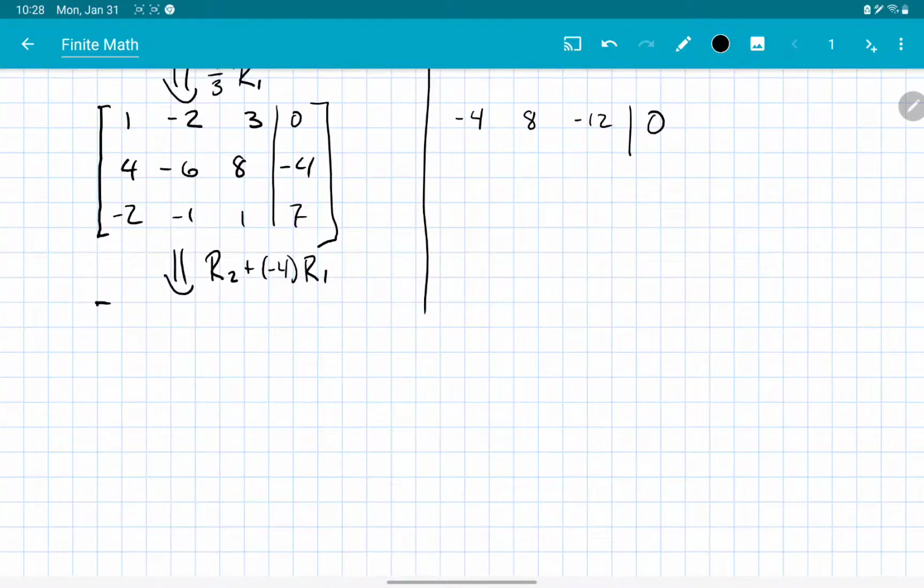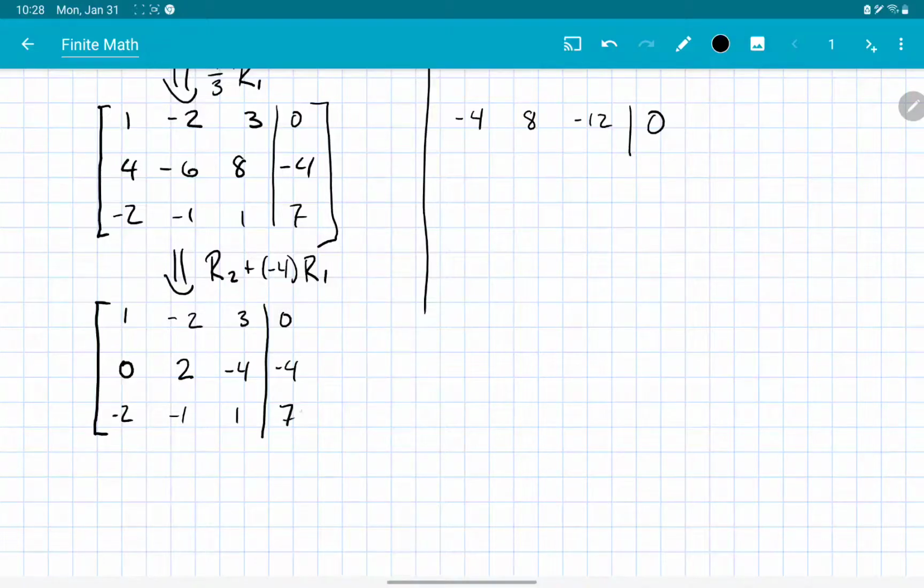And now I'm going to copy down my result. I keep row 1 the same. Row 2 is now 0, 2, -4, -4. Any questions? Or did I make a mistake or anything like that? That was good.